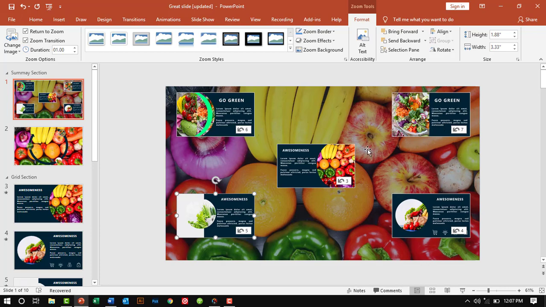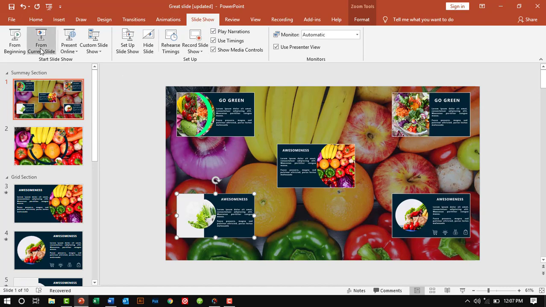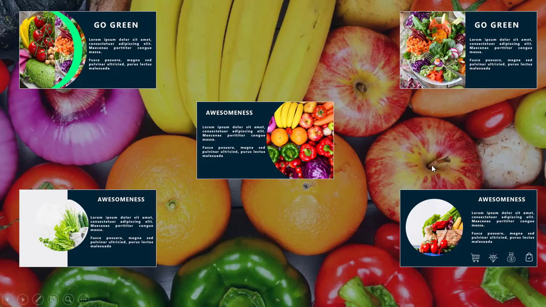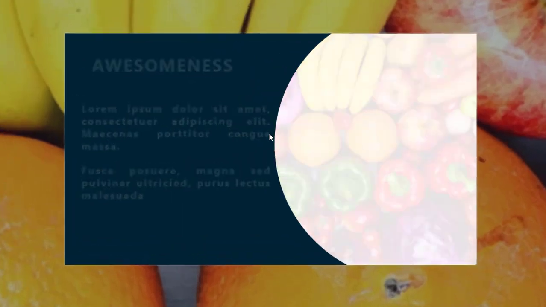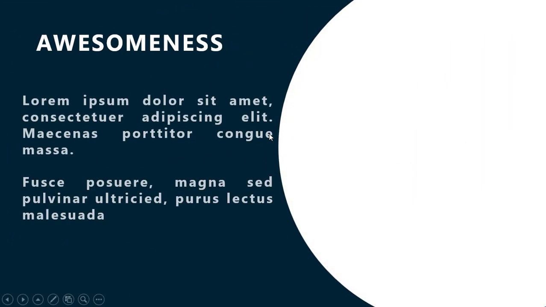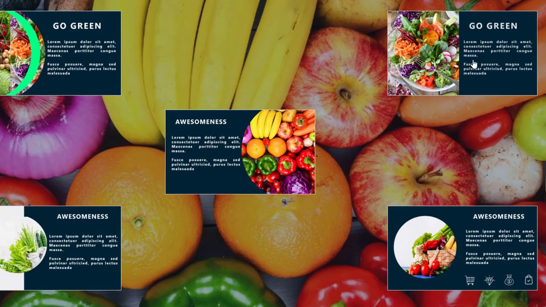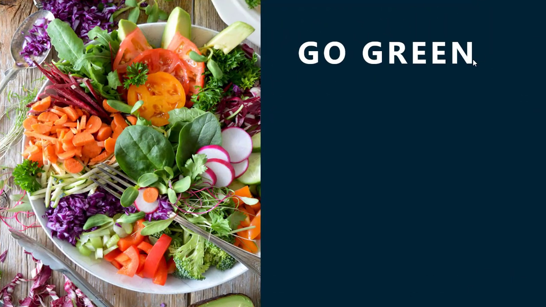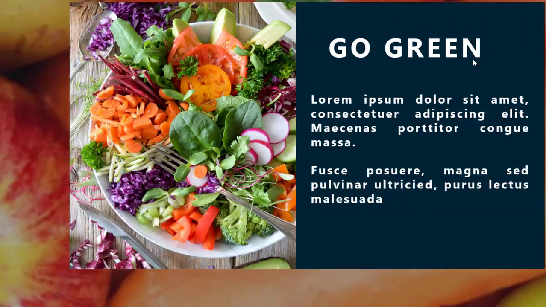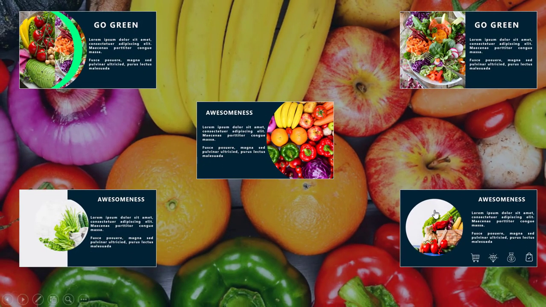So let's see that in practice. I'll head back to slideshow, and then I'll say from current slide, and when I click on this, I'll see the slide appear like that, and then I'll be taken back to select which is the next slide that I want. See, then I'll be taken back. So this is maybe something that you may want to do in your presentation.